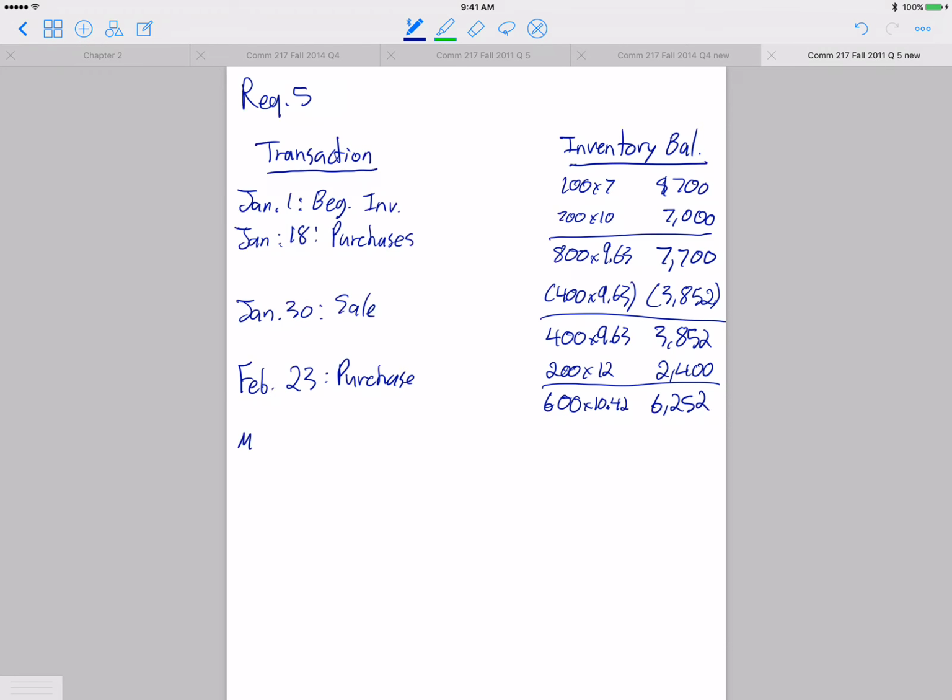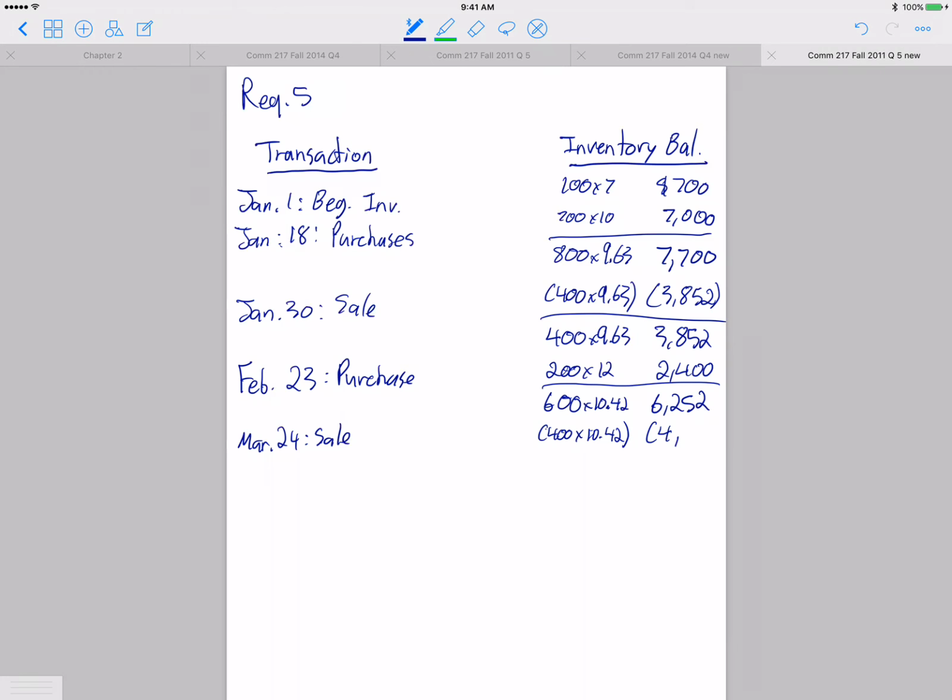On March 24th, we have a sale of 400 units, and the cost of these 400 units will be the weighted average cost, which we calculated, 10.42. Therefore, we reduce the cost.